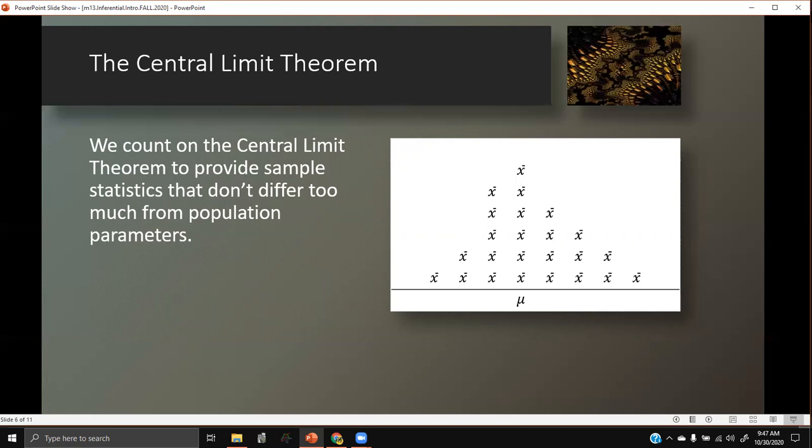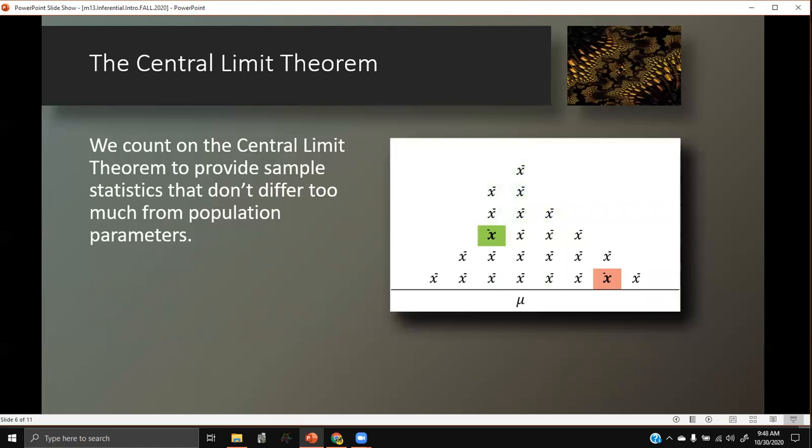I'll have one of those, I just don't know which one. The probability, though, that I have a sample that is far from the true population parameter is relatively small. The probability that I get a sample that is closer to the true mean or other parameter is actually much better.